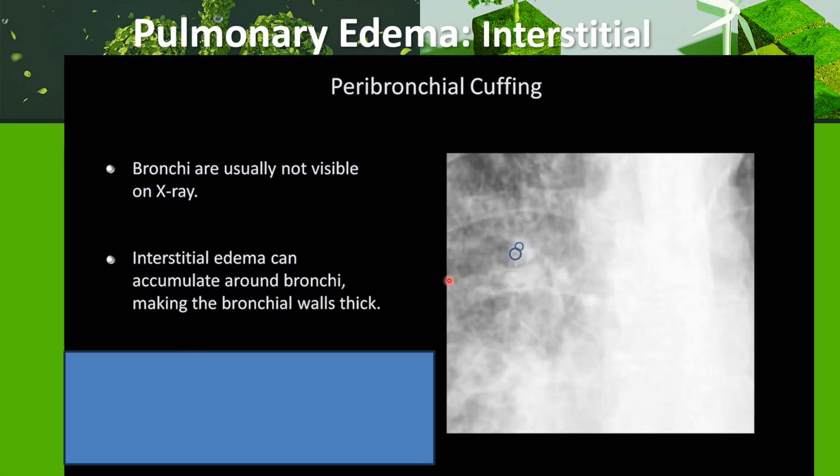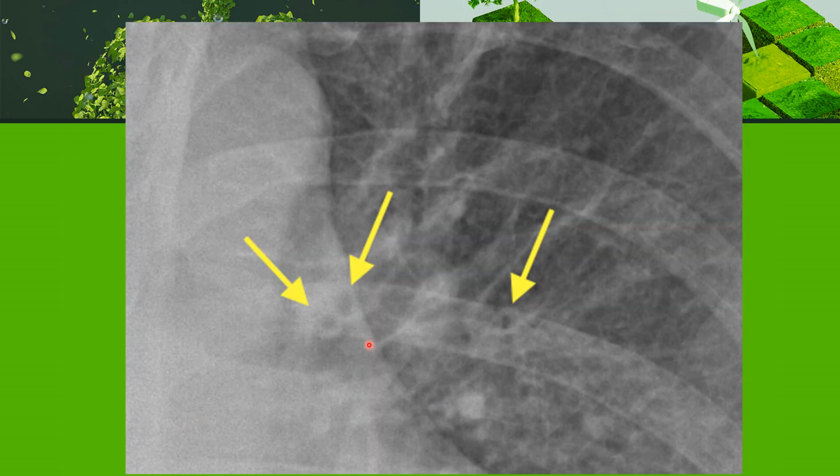And here you can see the bronchi are visible with their vessels. It is called peribronchial cuffing, thick-walled bronchi. In stage 2 pulmonary edema, they are multiple and actually difficult to see because of upper lobe diversion, cephalization with thickening of the septa, and some peribronchial cuffing.